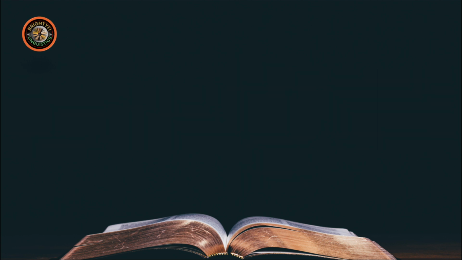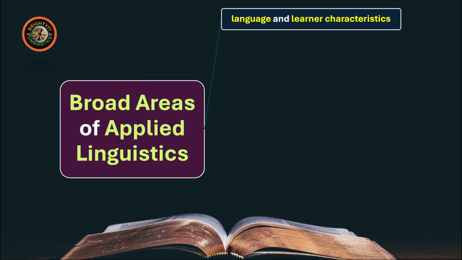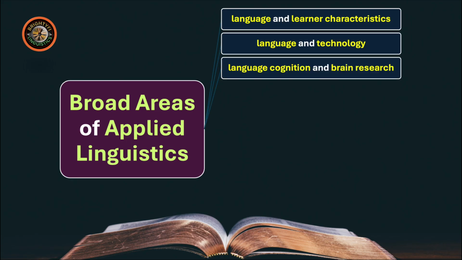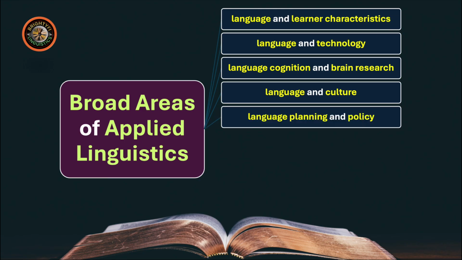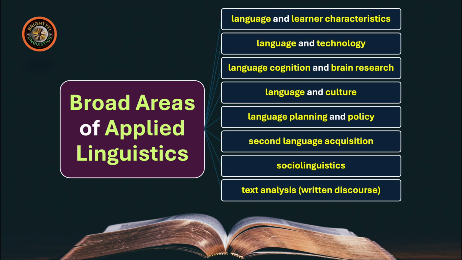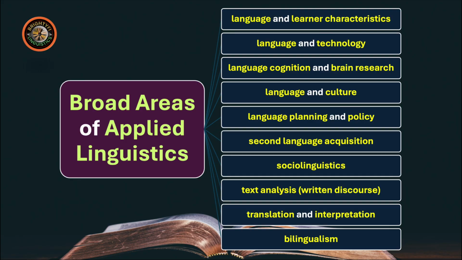We move on to the next: broad areas of applied linguistics. We have so many broad areas, but here I have selected some of them. The first one is language and learner characteristics, then language and technology, language cognition and brain research, language and culture, language planning and policy, second language acquisition, sociolinguistics, text analysis, written discourse, translation and interpretation, and bilingualism.